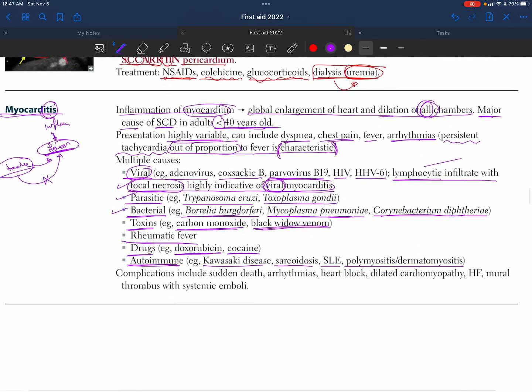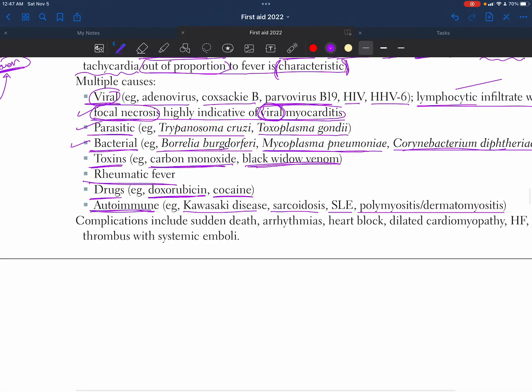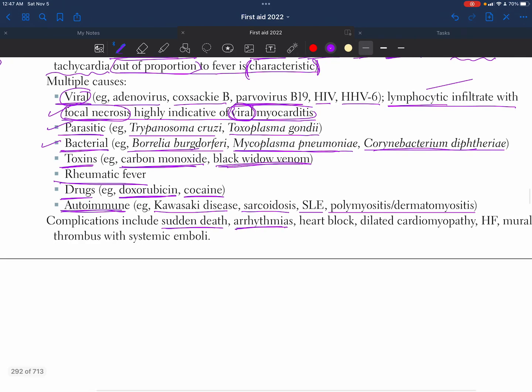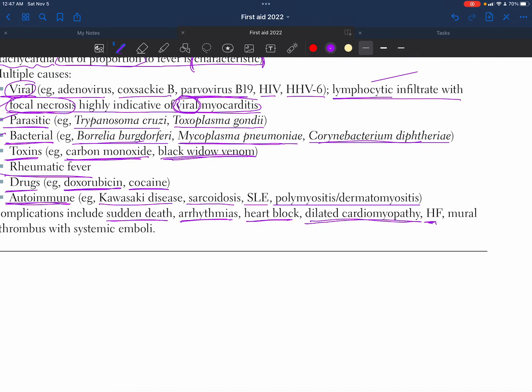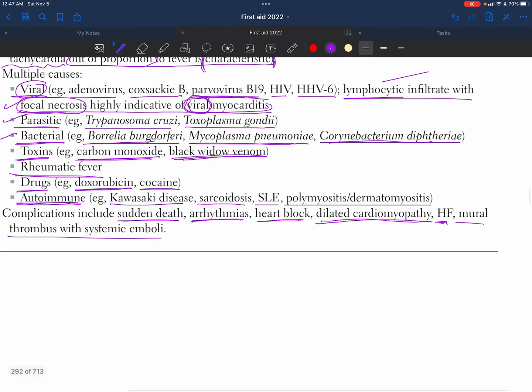The complications of myocarditis include sudden cardiac death, arrhythmias, as we said, and heart block as well, dilated cardiomyopathy, heart failure, and a mural thrombus with systemic emboli.